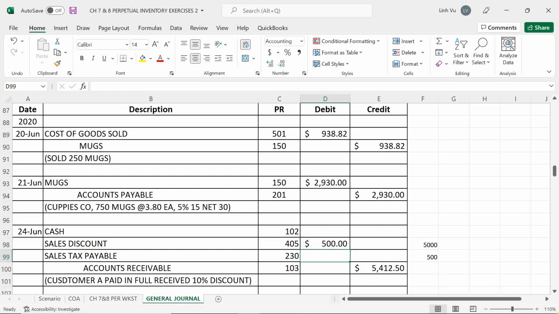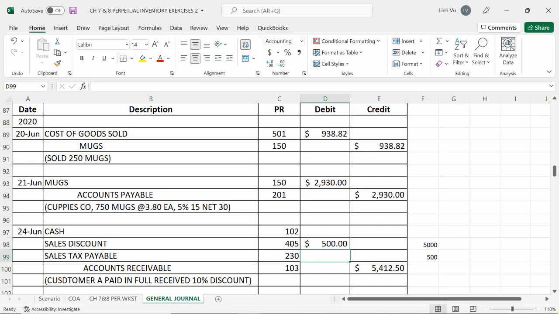That means I also need to give back a portion of the tax because I originally sold him $5,000, but because he's going to get a discount of $500, that means I only sold $4,500, right? I sold less. So therefore, I need to subtract out the tax because I overcharged him the sales tax.